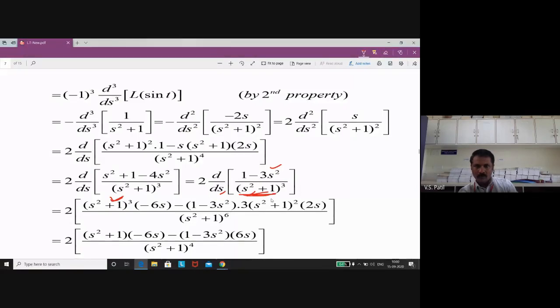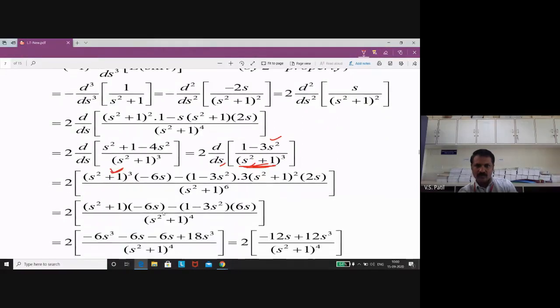100%. Now what you have to do is simplify this. Again I have written directly here, but I will tell you. See, the term s square plus 1 whole cube is present here. But what is the least power? The least power is s square plus 1 whole square. So from these two terms you take s square plus 1 whole square outside. I will write only the bracket quantities inside the bracket.